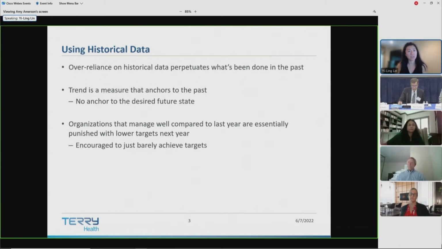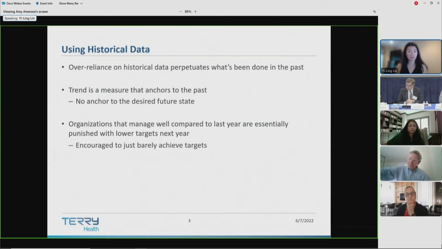Well, that's an anchor to the past. That's not really a direction for the future. Is $105 really the right amount? Or is the right amount really $85? Or should it be $125 if we increase a bunch of preventative services and things that are not being used appropriately? So anchoring that trend number on historical data is misleading.